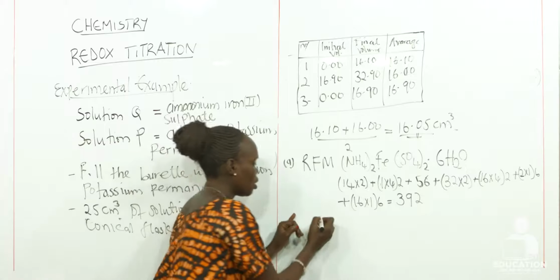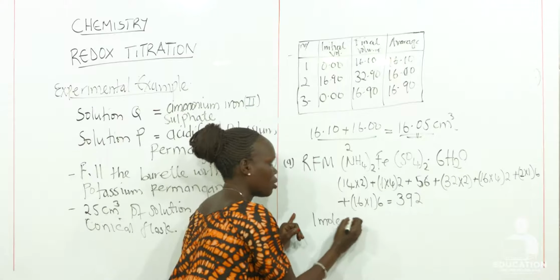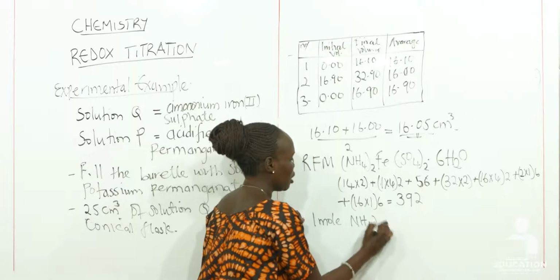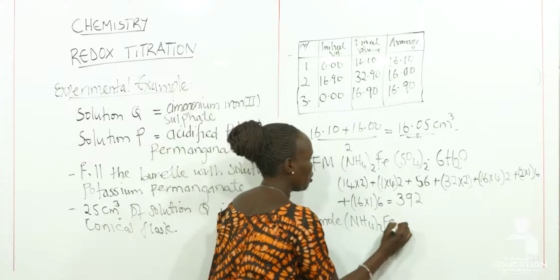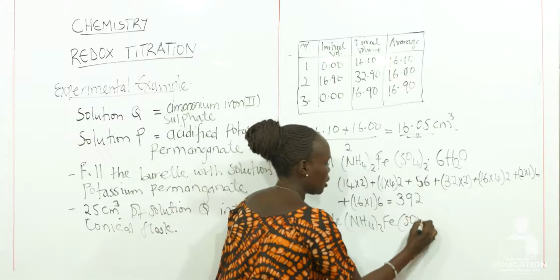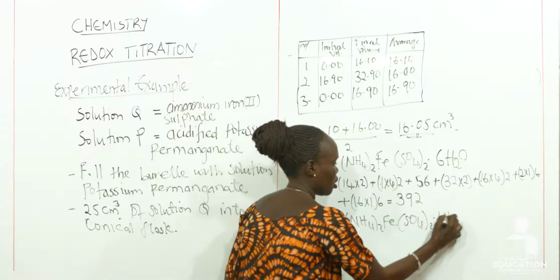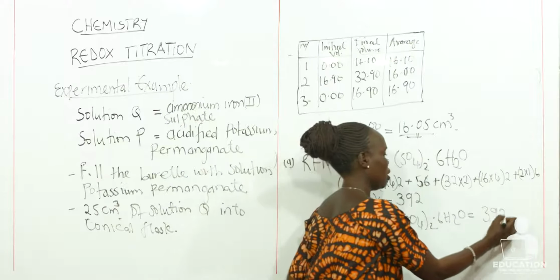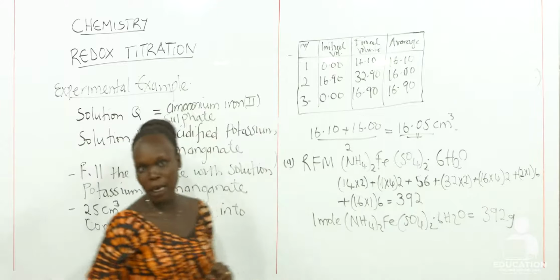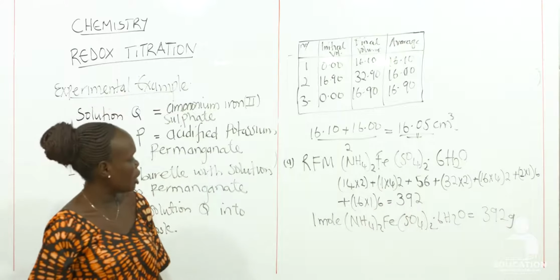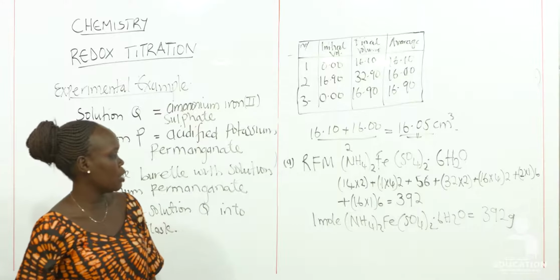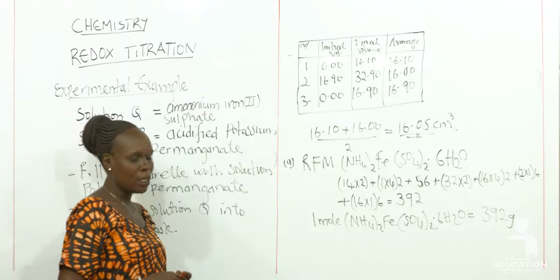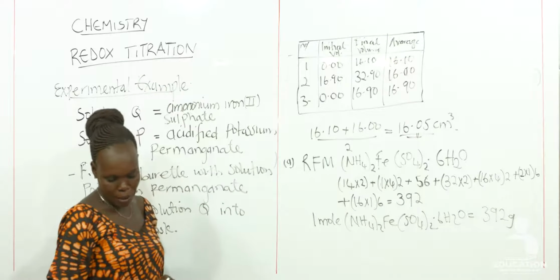So if you have 1 mole of ammonium iron(II) sulfate hydrated, it is 392 grams. So 1 mole of it will give us 392 grams.